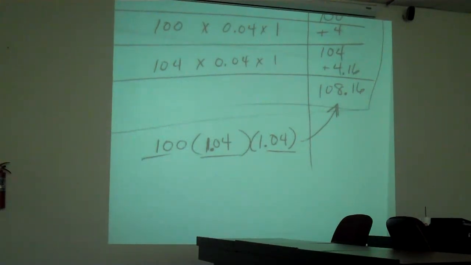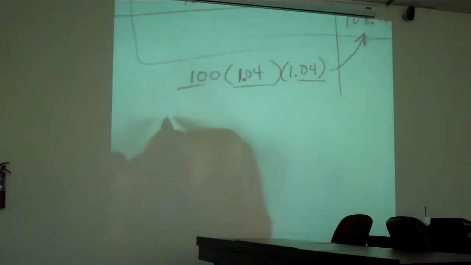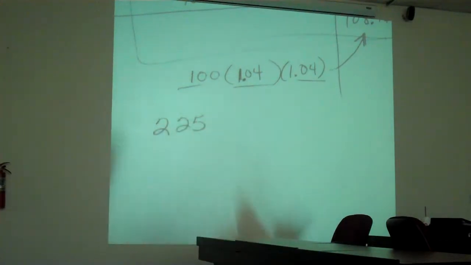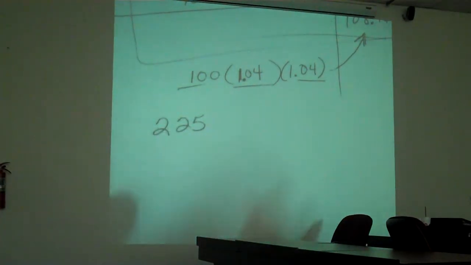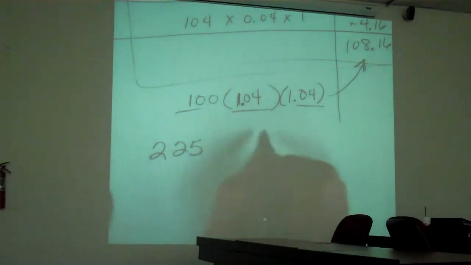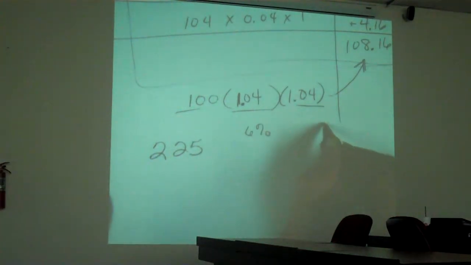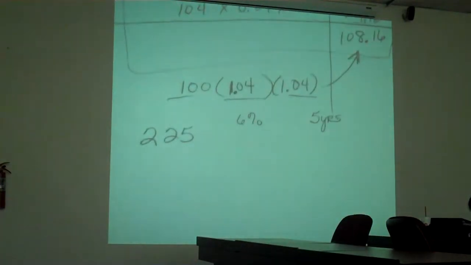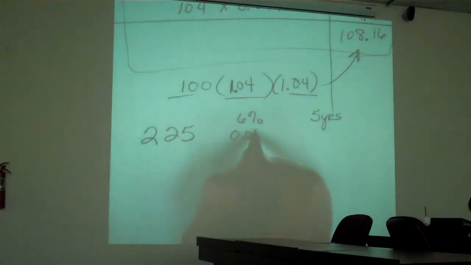Which is good, because what if you put in like a weird number, like let's say you put in $225. It may not always be an exact number. And let's say you had 6% interest, and you left it in there for 5 years without touching it. Okay?